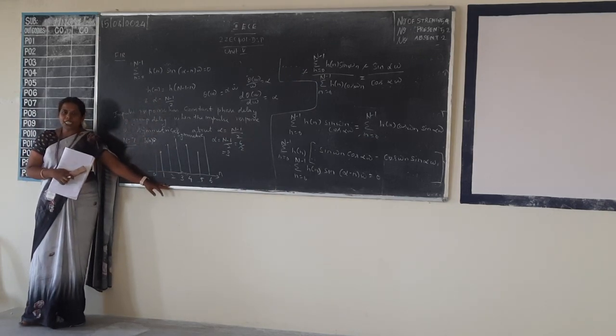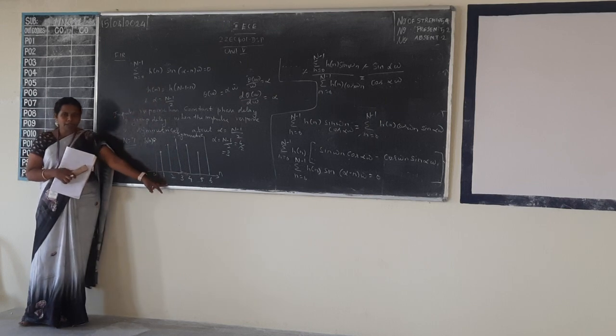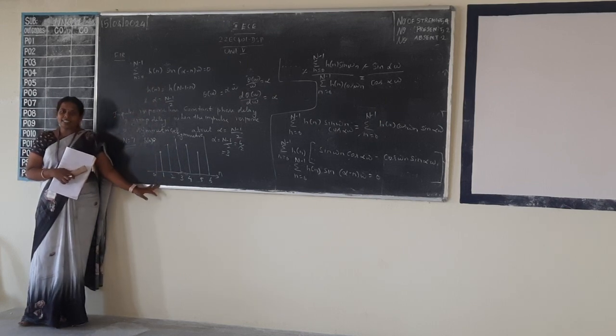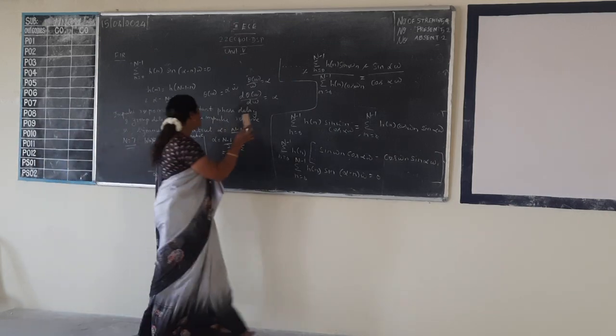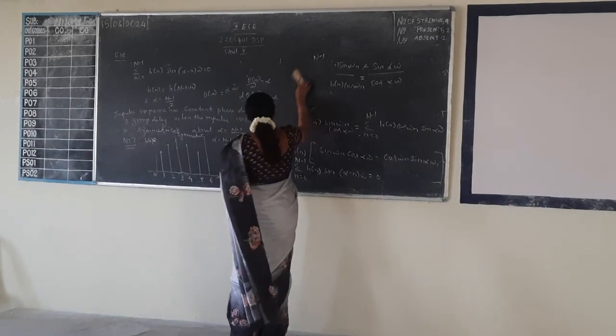If it is symmetric, the summation of all the terms becomes 0. So it satisfies this one. Then this one is for n odd, for n even.